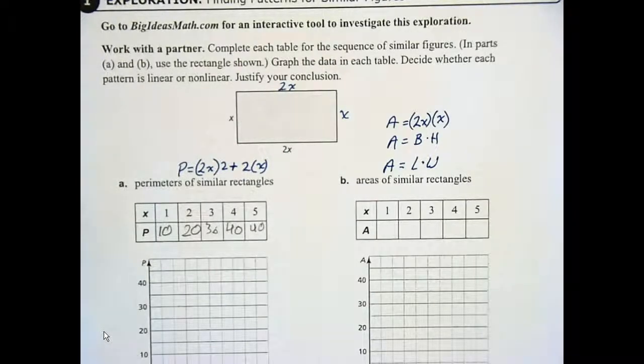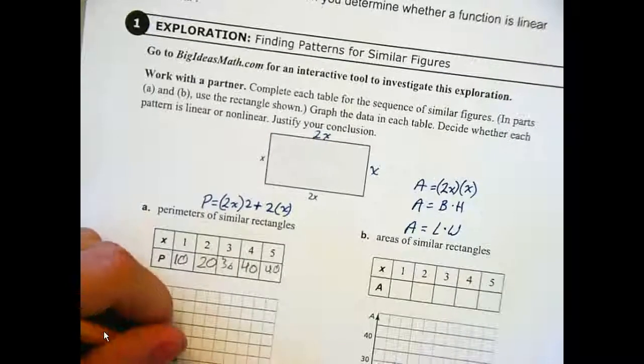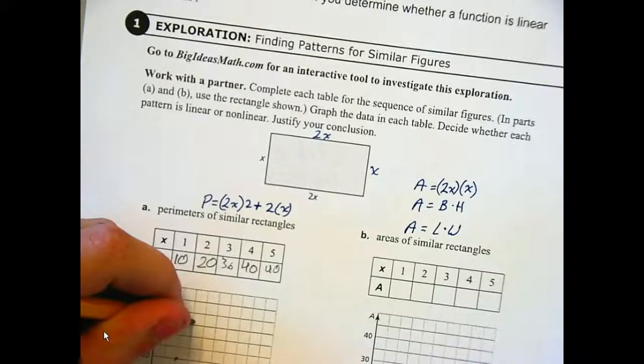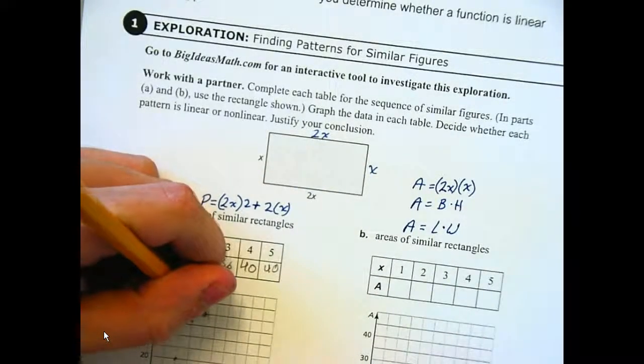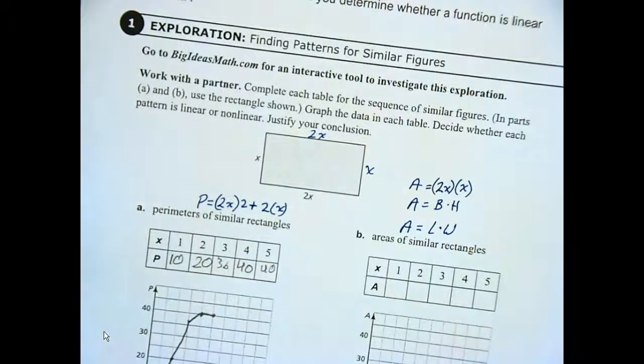I'm still graphing it. I think I screwed up.